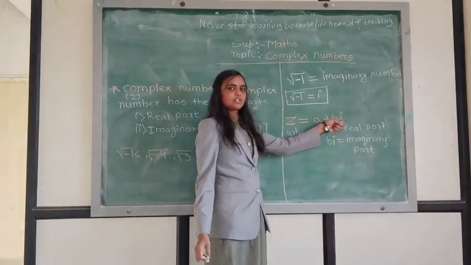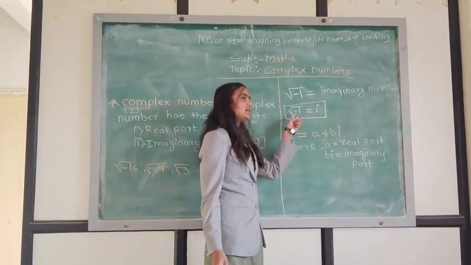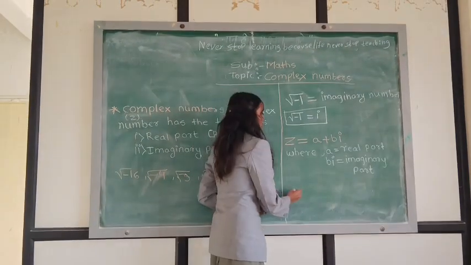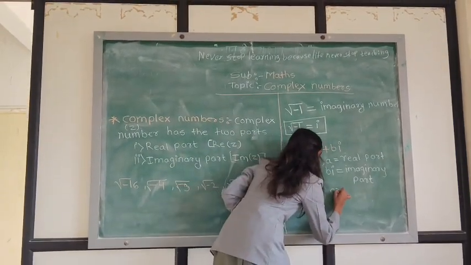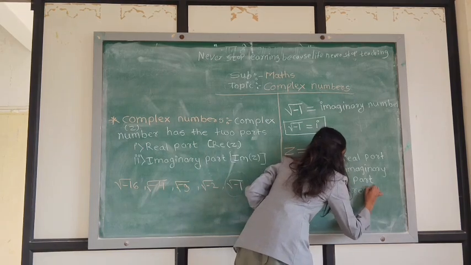As i is the imaginary number, i is nothing but the under root of minus 1, and a and b are real numbers.